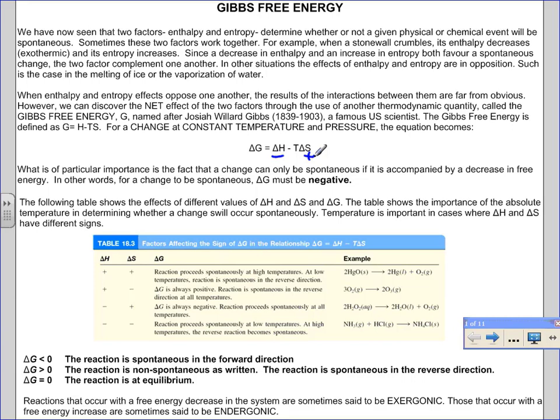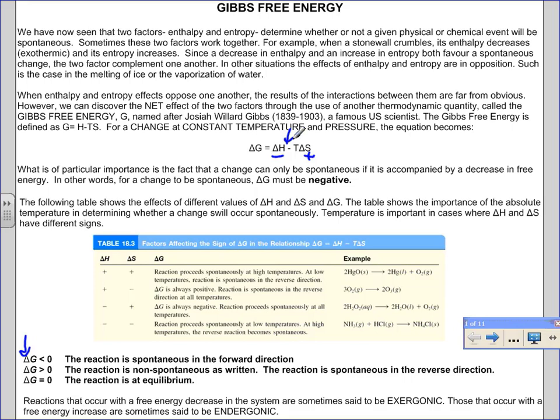Gibbs free energy allows us to decide if a reaction is spontaneous. And when Gibbs free energy is less than 0, the reaction is going to be spontaneous in the forward direction. So this helps us to make sense with the fact that there's a negative sign in this formula, because when entropy is increasing, that's a favorable process.